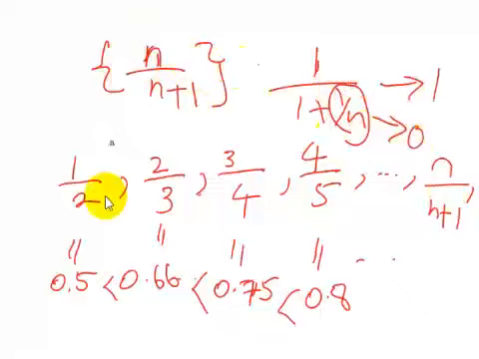The first term of the sequence is 0.5, and the second term is approximately 0.667. We checked the first four terms, so the sequence looks increasing, but we cannot say it is increasing.